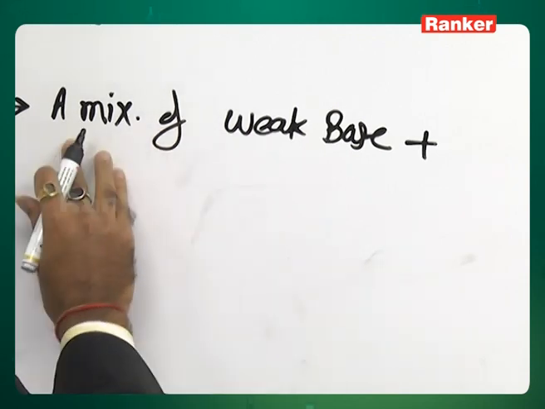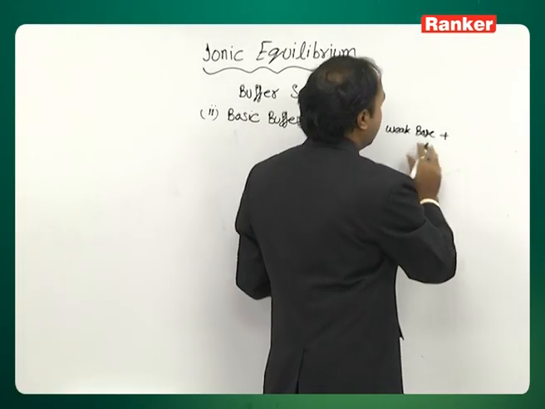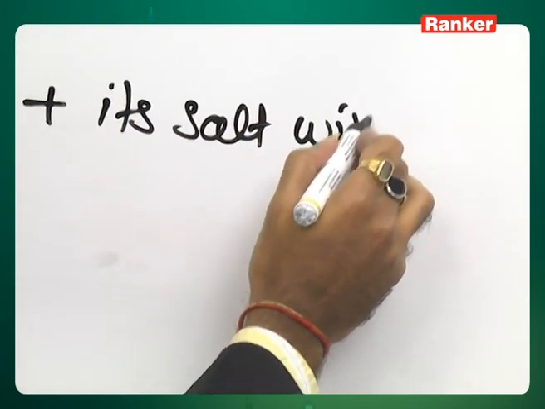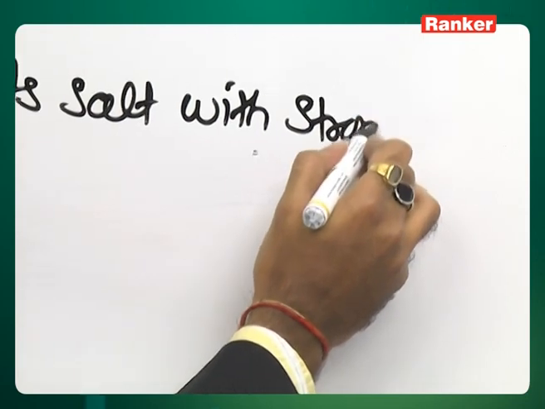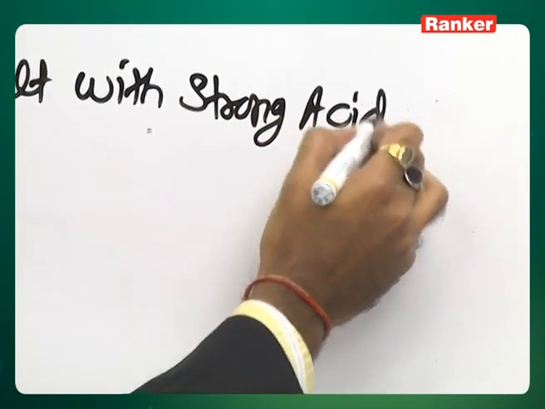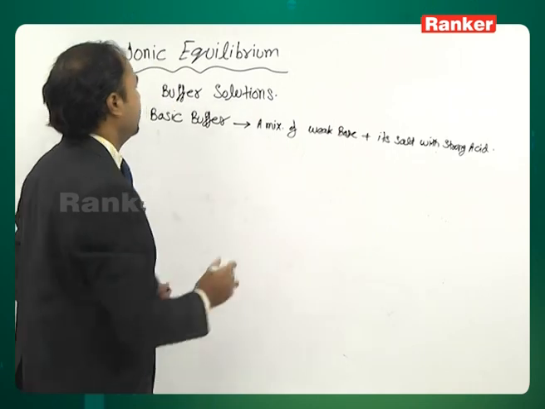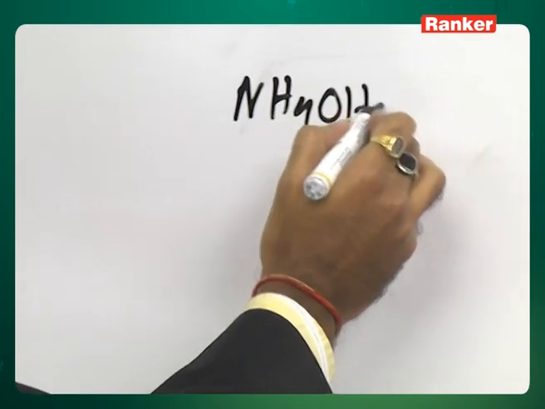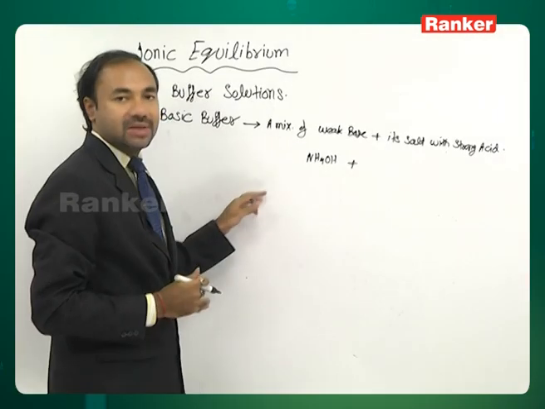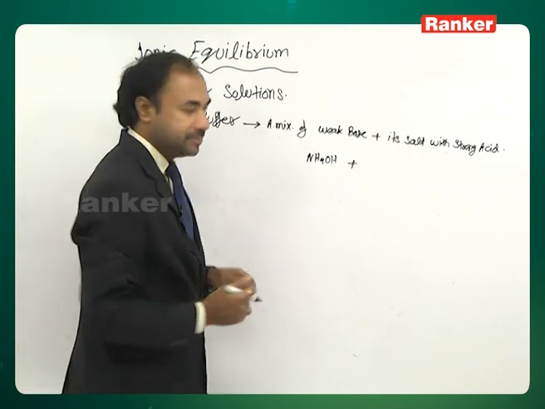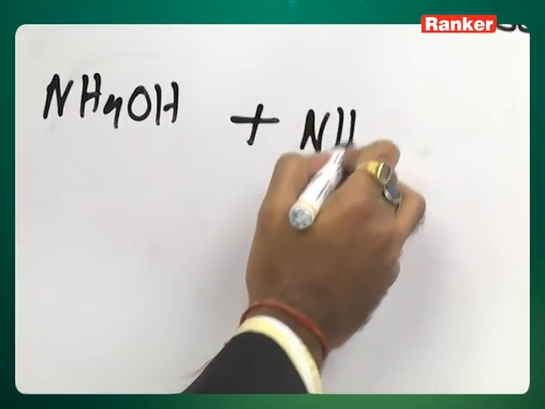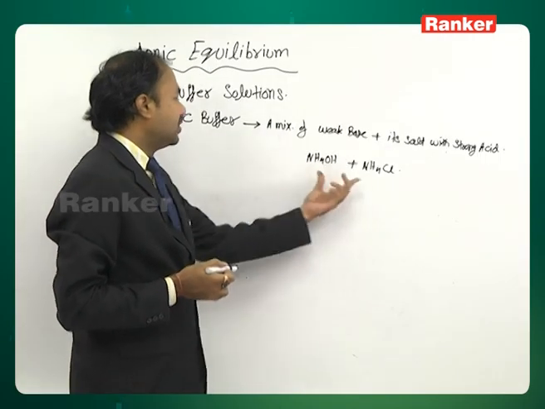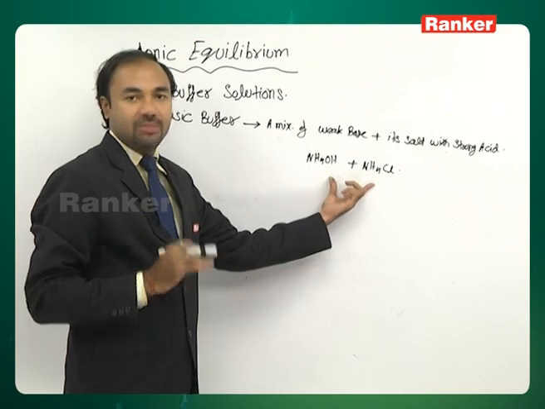For example, if we take a weak base, ammonium hydroxide, and its salt with a strong acid, HCl, it will be ammonium chloride, NH4Cl. A solution of this mixture is going to behave as a basic buffer.